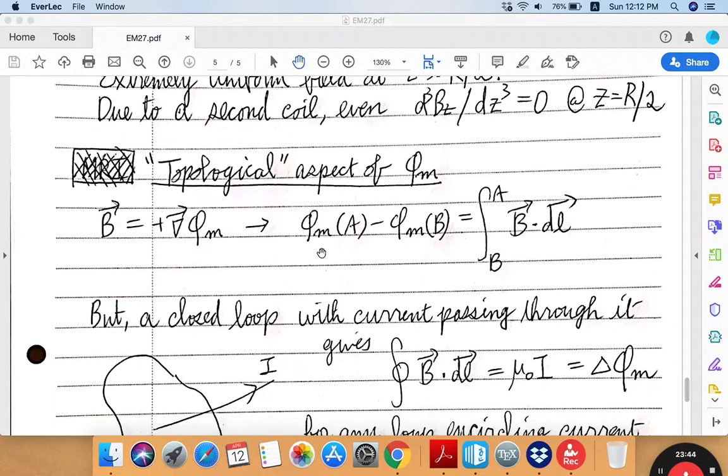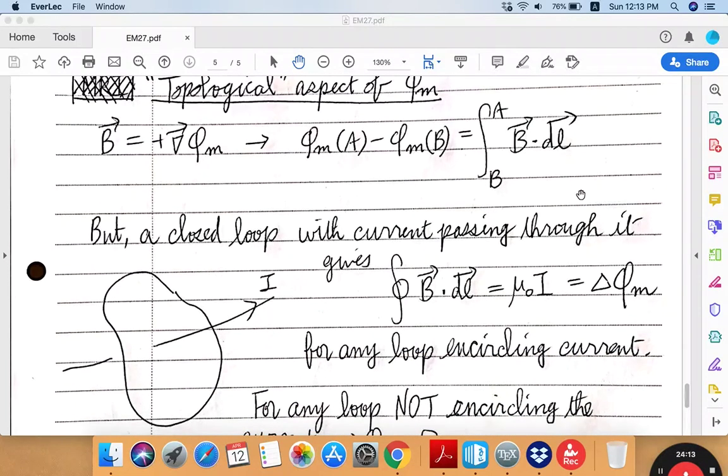And that implies that once you perform the line integral of the magnetic field along a certain path in space from point B to point A, then the result will be the difference of the values of the magnetic scalar potential at their respective locations. It simply follows from the principle of integration.